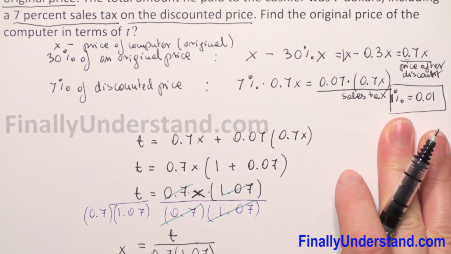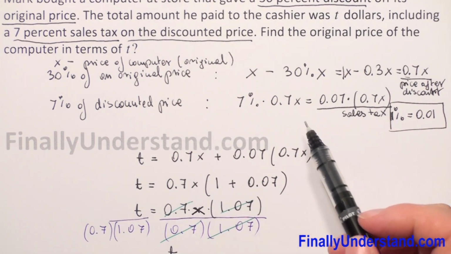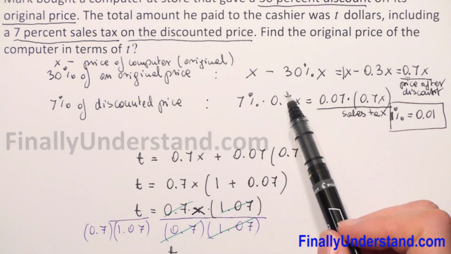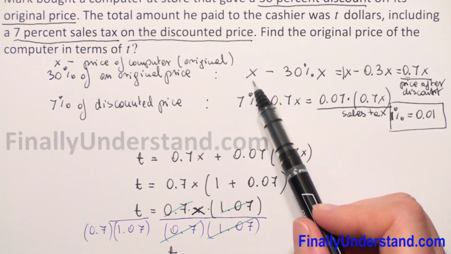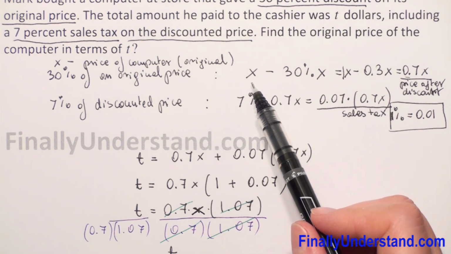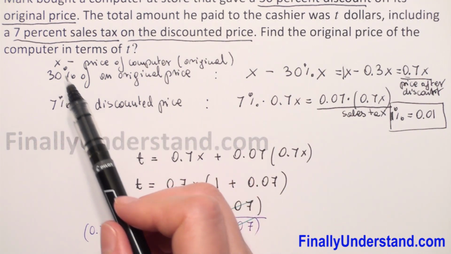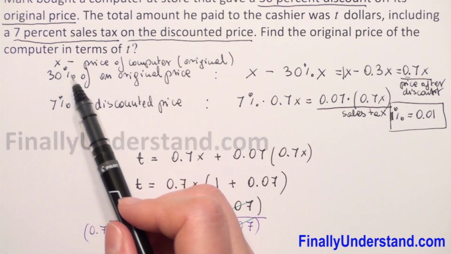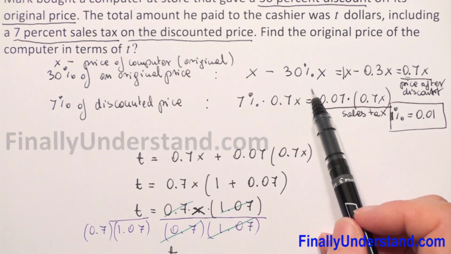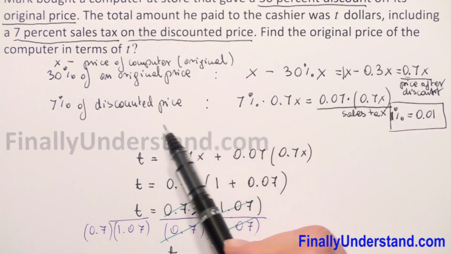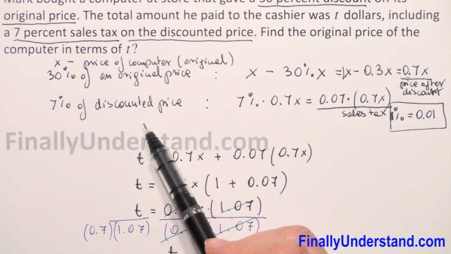Let me remind you, first we calculate the price after discount, because the discount was 30%. Because I put that X is the original price of the computer, we have to subtract 30% of X from it. Next we have to calculate the sales tax.